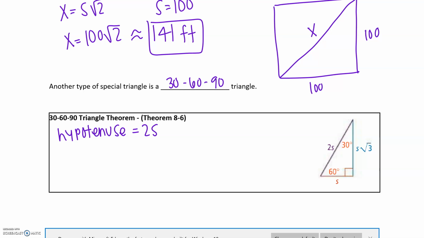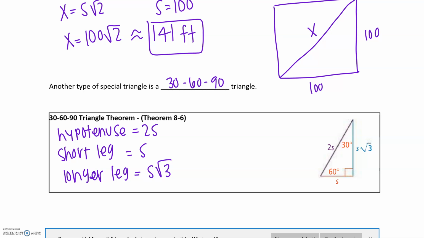Our short leg is just going to equal s, and our longer leg is going to equal s square roots of 3. On these triangles, you will be able to tell which one is your shorter leg and which one is your longer leg. And from there, we'll be able to find all of our legs pretty easily.